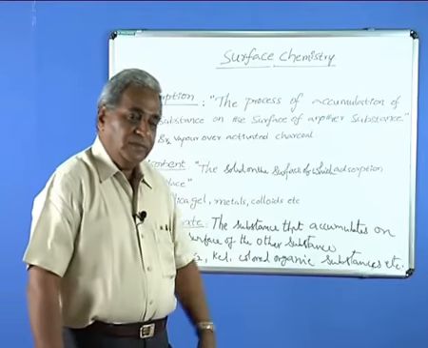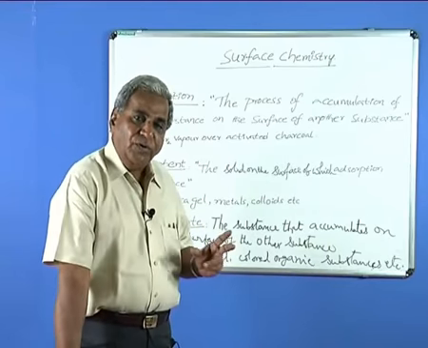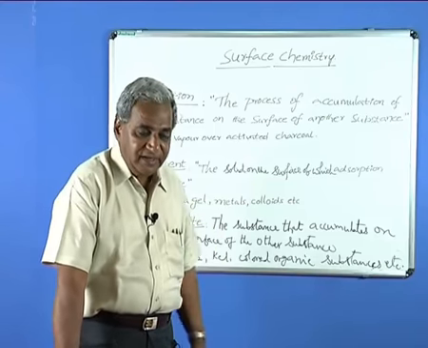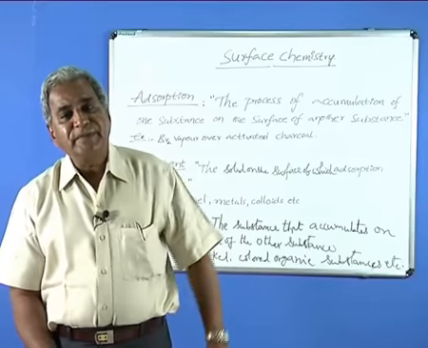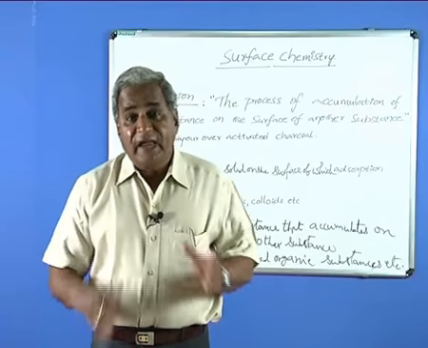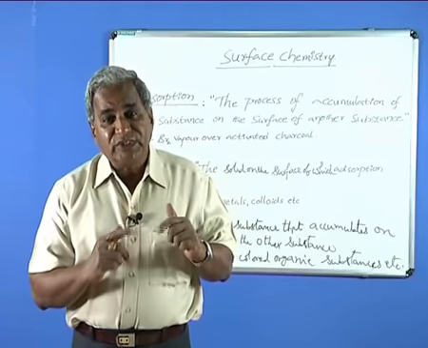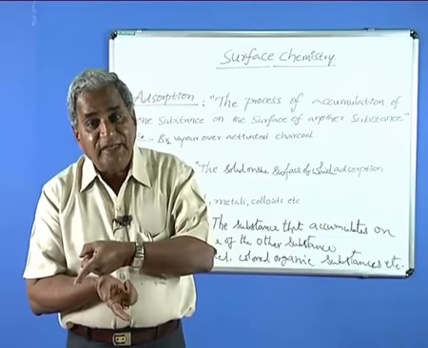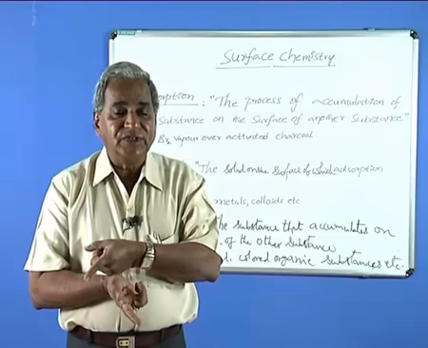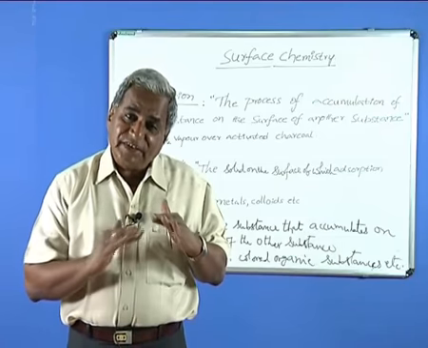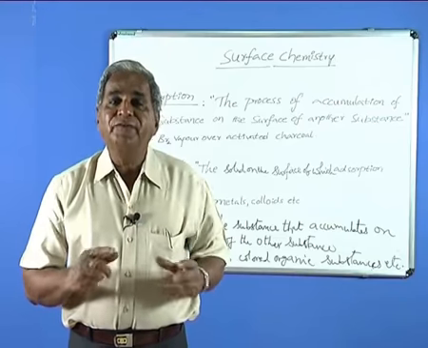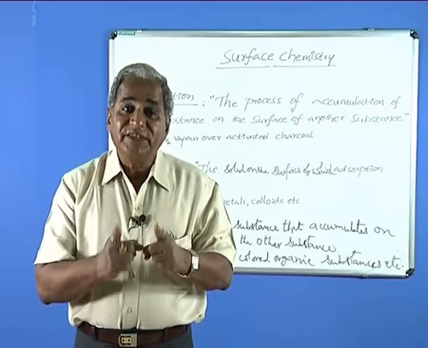Now, if we know adsorption and absorption in this way, sometimes the adsorption at the surface is to a greater extent than that in the bulk inside the body of the adsorbent. If the surface concentration of the adsorbate is more, then we say it is positive adsorption.